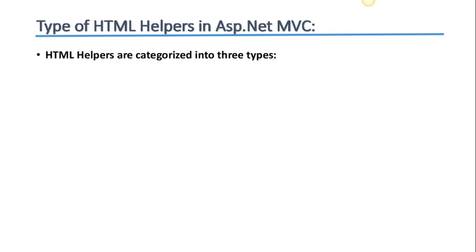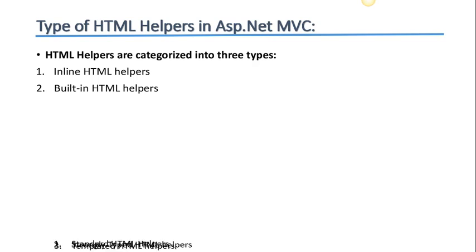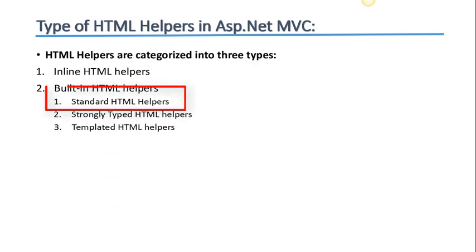Next is the types of HTML helpers in ASP.NET MVC. HTML helpers are categorized into three types: inline HTML helpers, built-in HTML helpers, and custom HTML helpers. The built-in HTML helpers are again categorized into three types: standard HTML helpers, strongly typed HTML helpers, and templated HTML helpers.